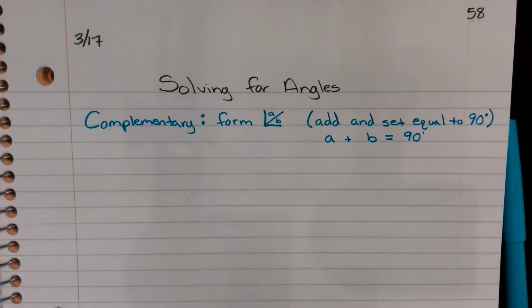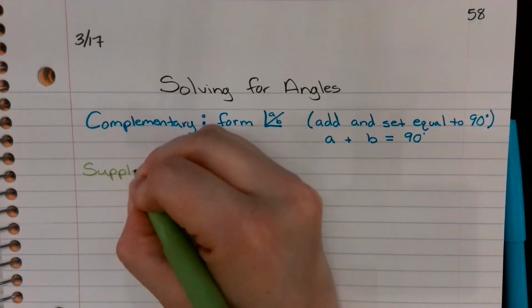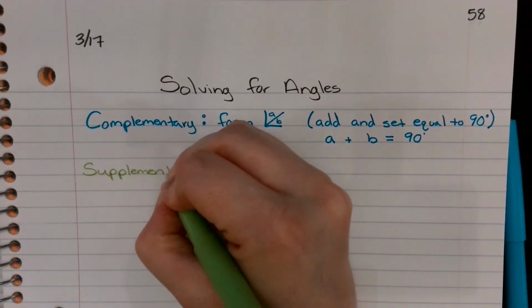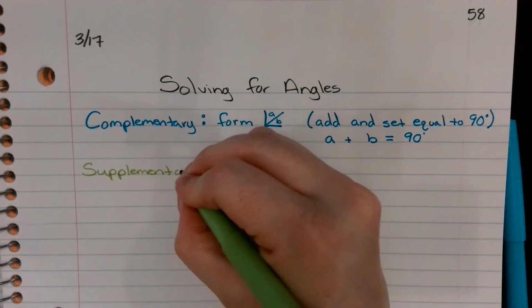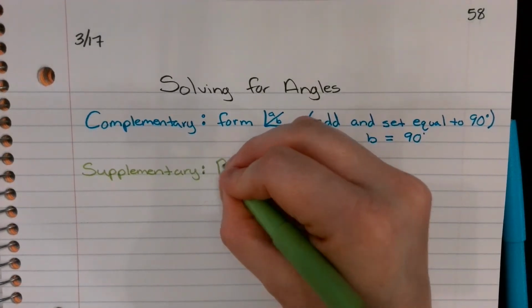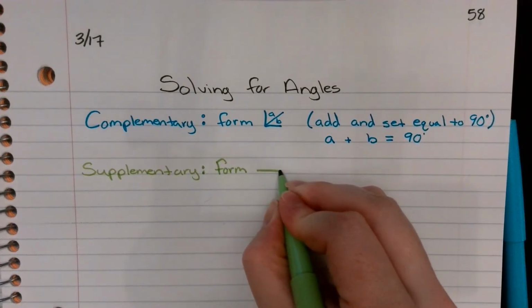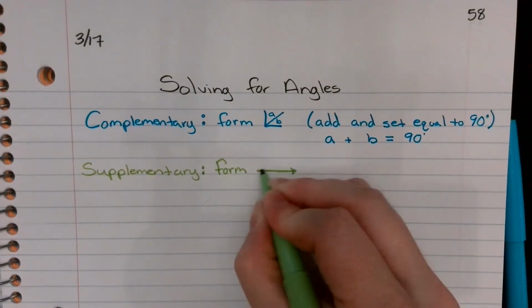Okay, then we have the same thing for a supplementary pair. Supplementary is very similar, except instead of 90 degrees, it's going to be 180 degrees. And it's going to form what looks like a straight line.